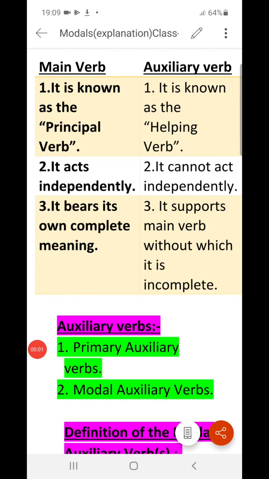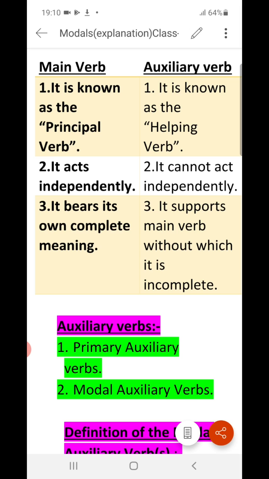Look at the differences between main verb and auxiliary verb. Number 1, under main verb, it is known as the principal verb. Under the auxiliary verb, it is known as the helping verb.